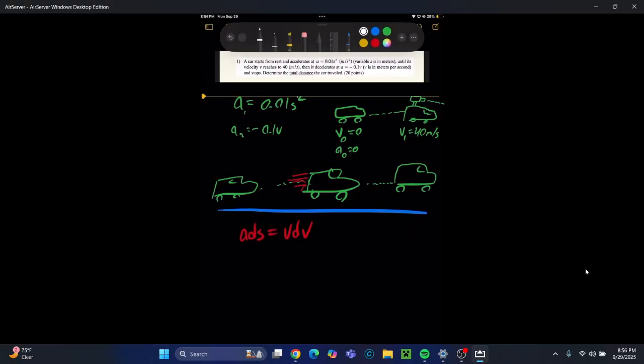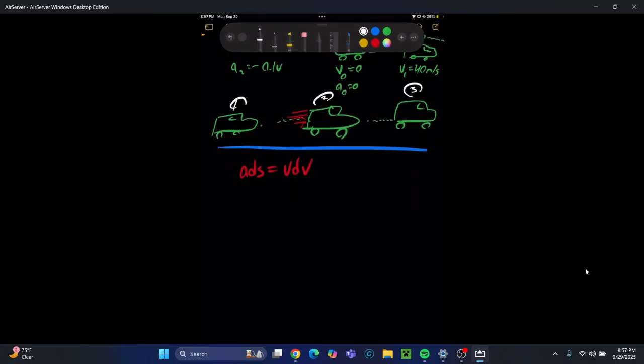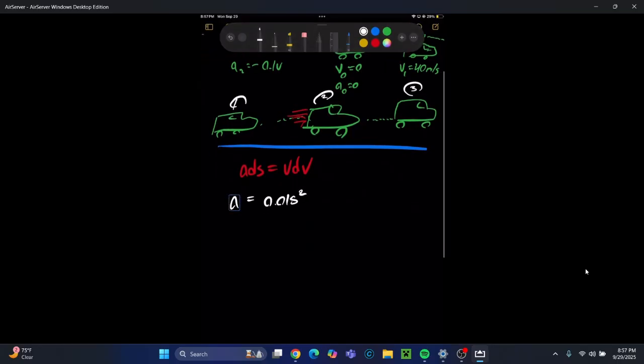Okay, so let's find the first. If you want to think about it in thermo, you can think of these as states, if that helps you in relating it to what you would do in thermodynamics. Going from state 1 to 2, we know the acceleration is 0.01 s squared, or position squared.